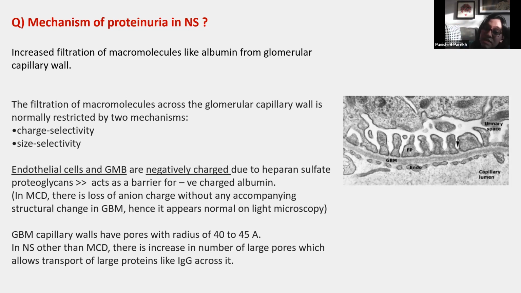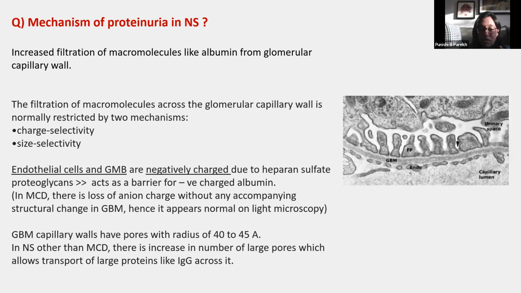But what happens in certain types of nephrotic syndrome, let's talk about minimal change disease, which is the most common type of nephrotic syndrome that we see. There is a loss of this anion charge. There's loss of this negative charge on the GBM and the endothelium, but there's no accompanying structural change in the GBM, and that's the reason why you will not see any abnormality on light microscopy.